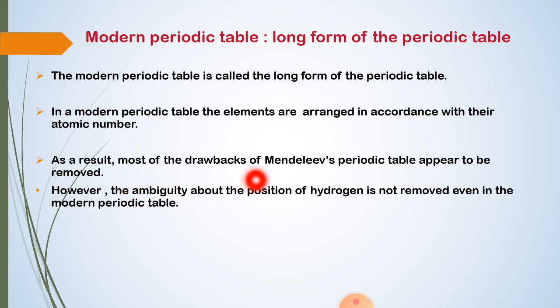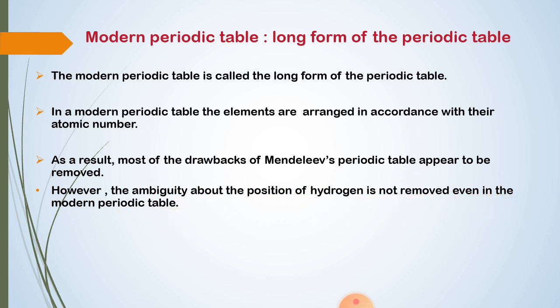Mendeleev stated something different and the modern periodic table is different. That's why most of the drawbacks which Mendeleev stated are removed. However, the ambiguity, the confusion about the position of hydrogen, where to place hydrogen, is not removed even in the modern periodic table.